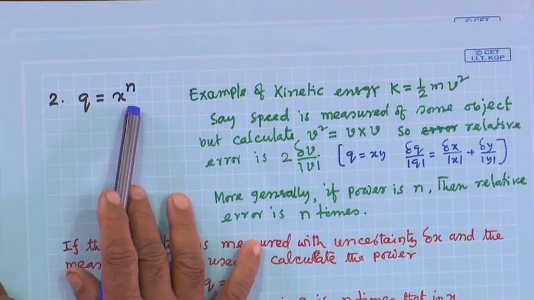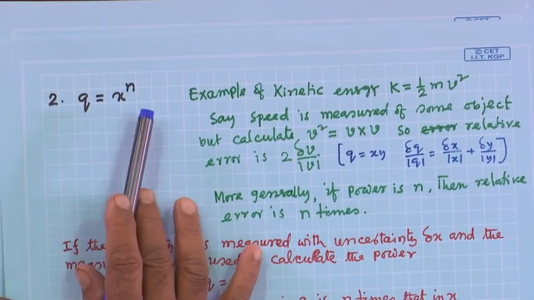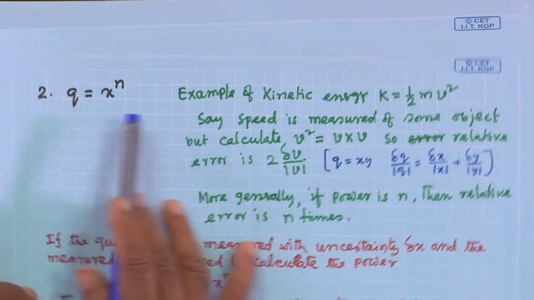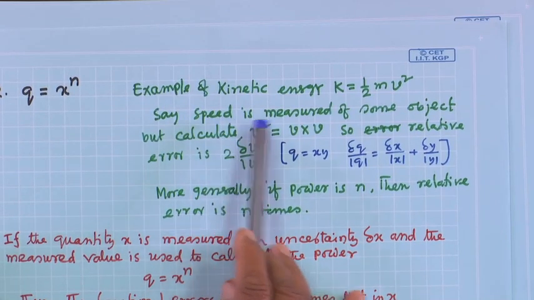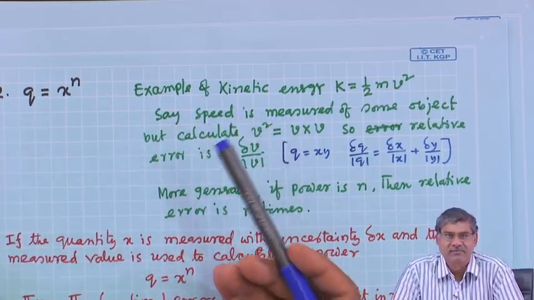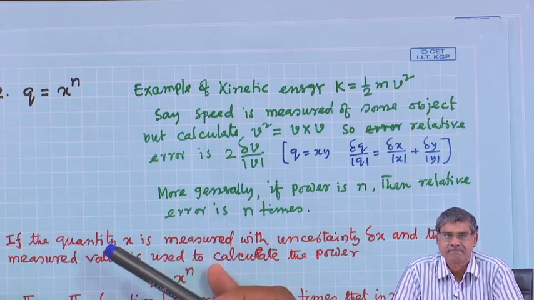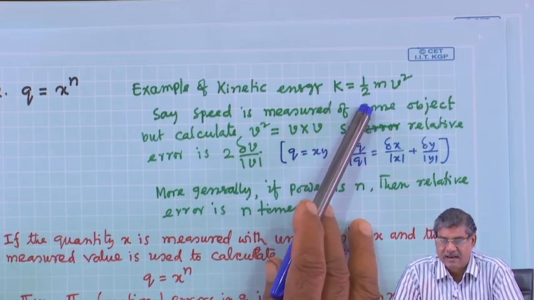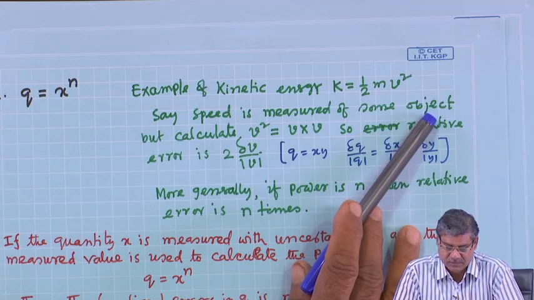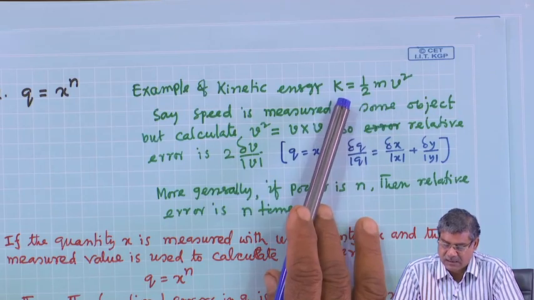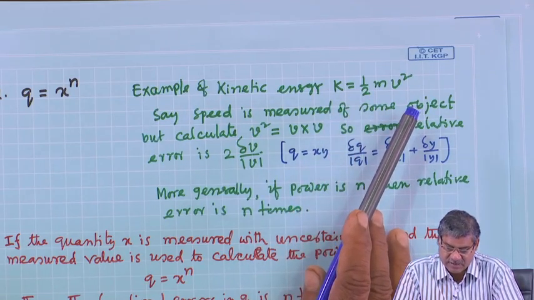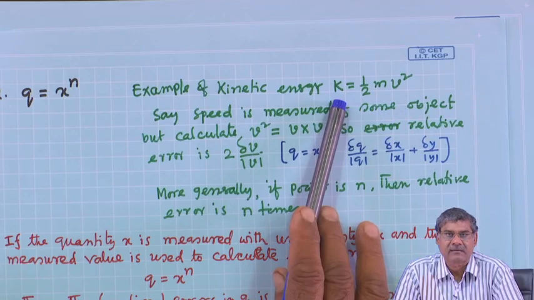If we face another case of this form, q equal to x to the power n, just consider this example: what is the kinetic energy of a body if its velocity is v. So, kinetic energy I can write as half m v square. For this case, now we want to find the error on k.